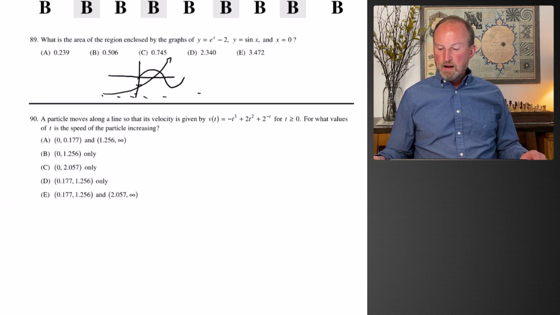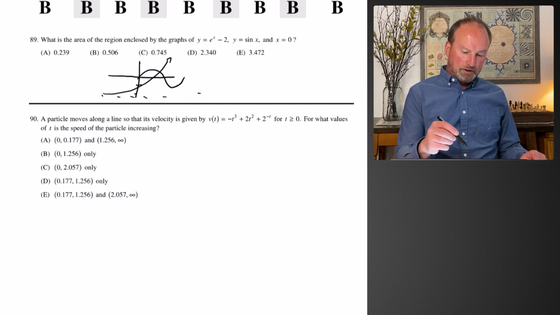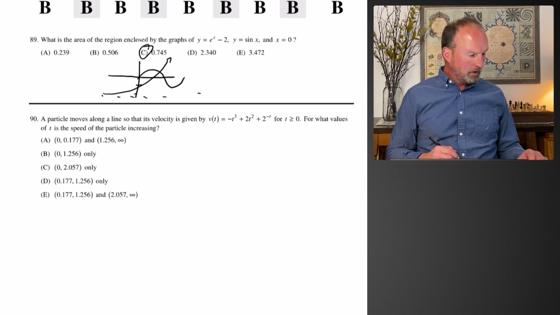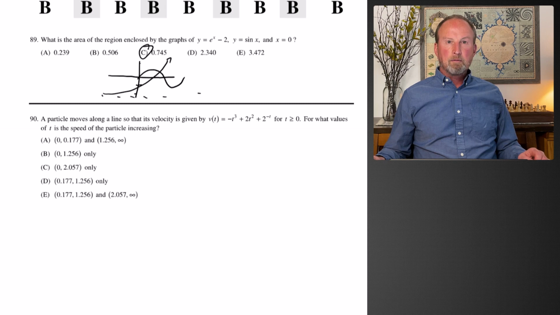Make sure you have that parentheses, otherwise it will not come out right. Looks to me like we got letter C. Number 89, letter C. Make sure you have the parentheses, super important.